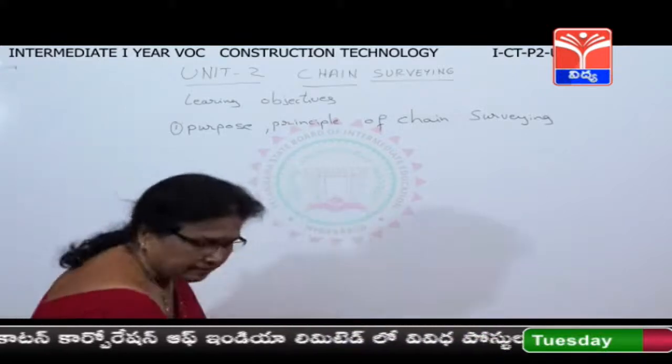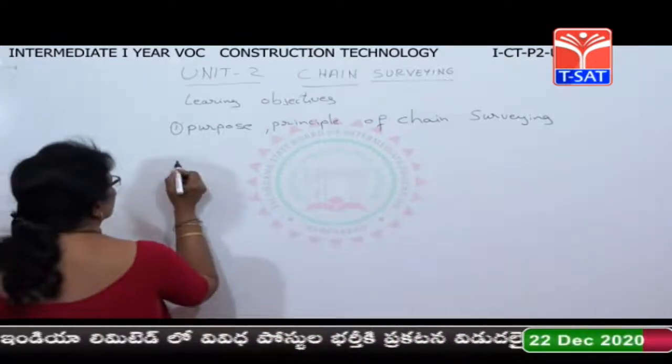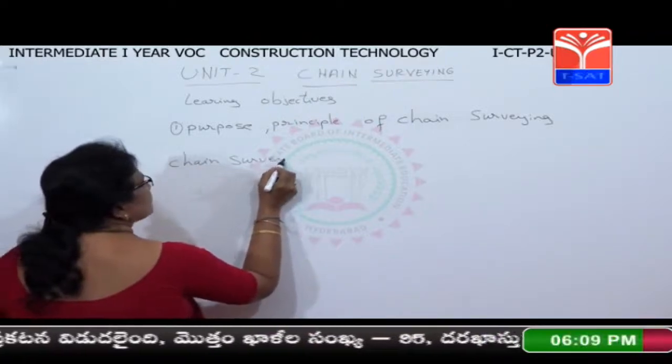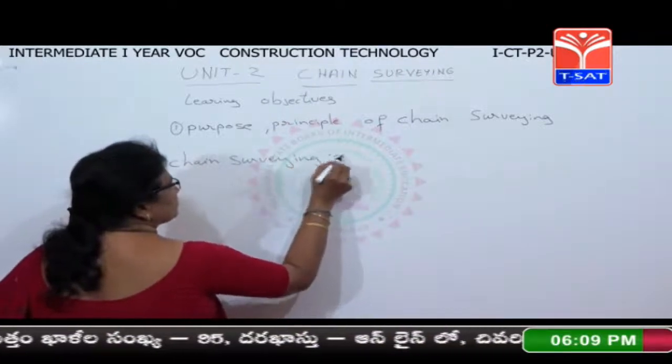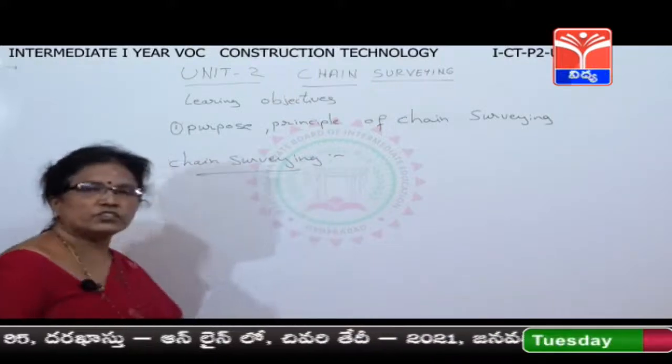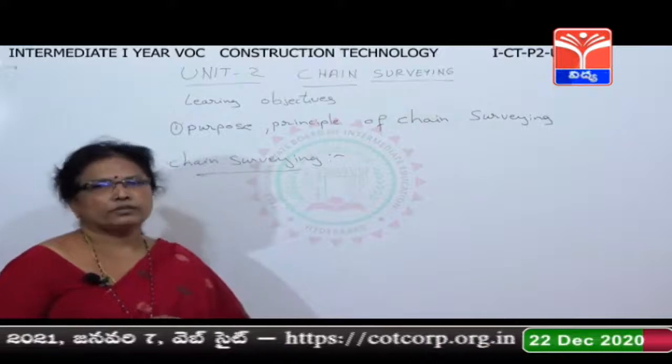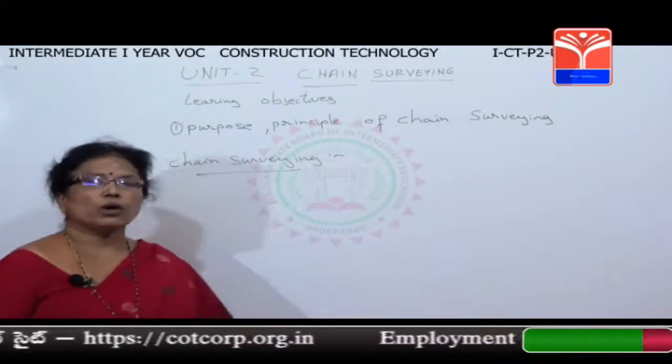Now, first, chain survey. This is the very simplest kind of survey and it is also accurate.